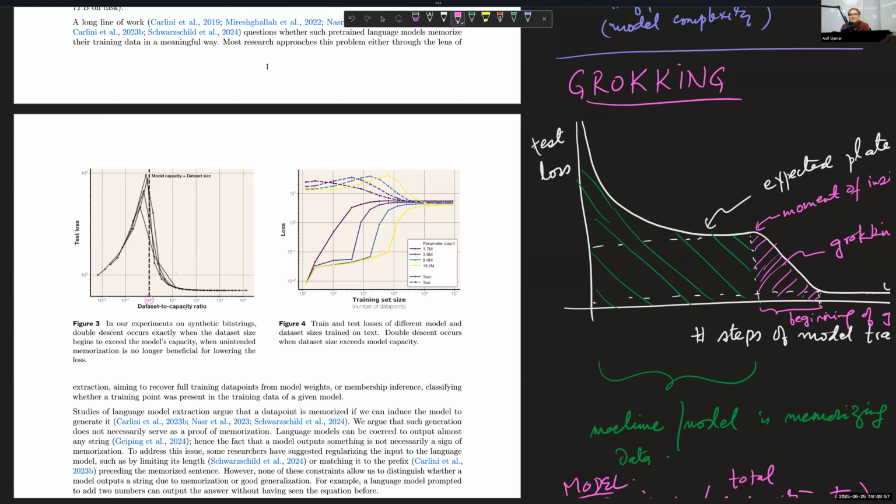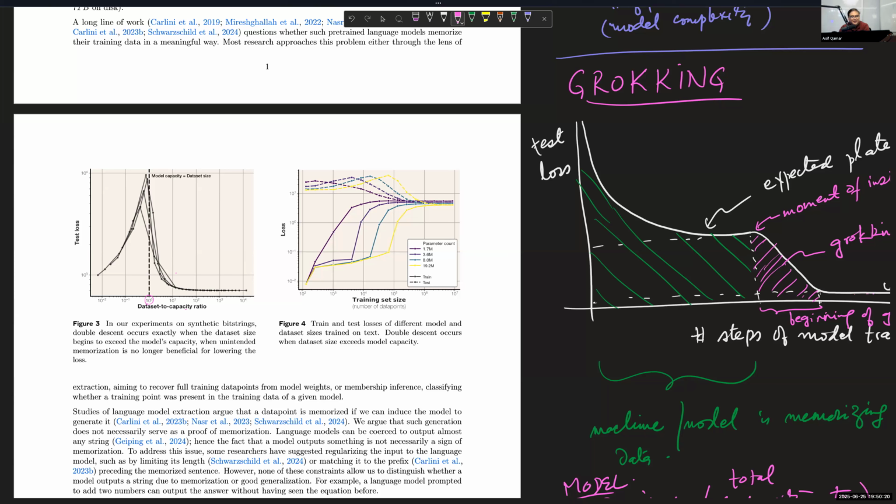When the data set is exactly the capacity of the model, meaning the ratio is 1:1, at that particular moment, what happens? The test loss is maximum. Why? Because the model hasn't learned anything at all, has it? It has just memorized. But right at that moment, what happens right after that?